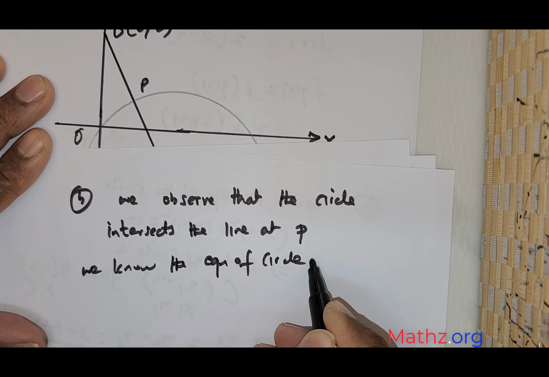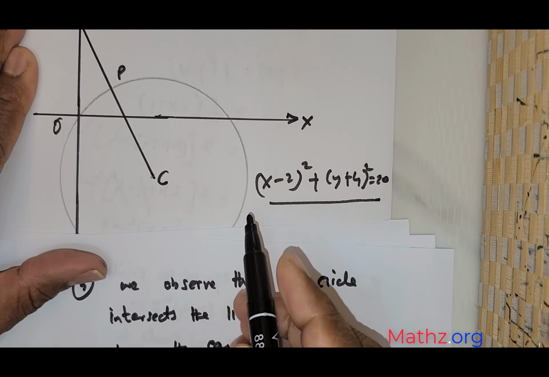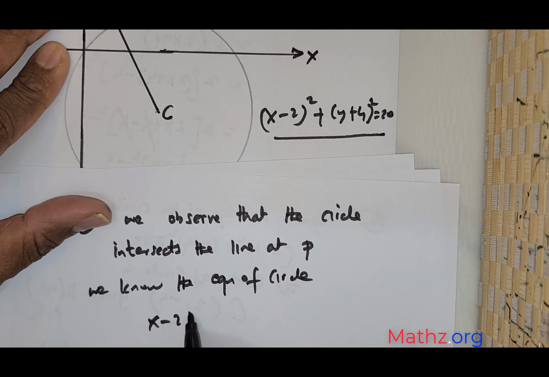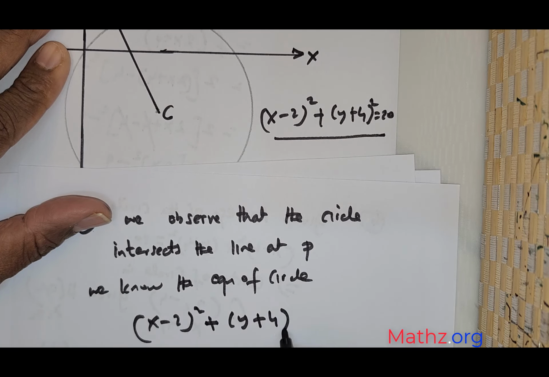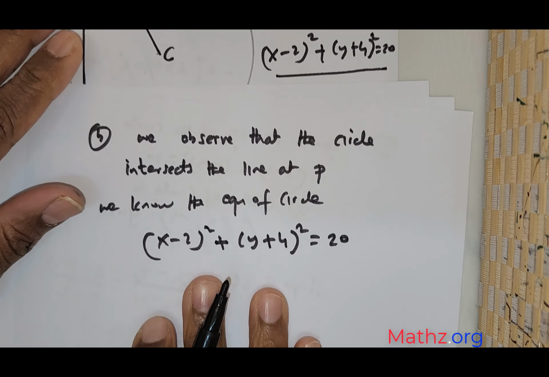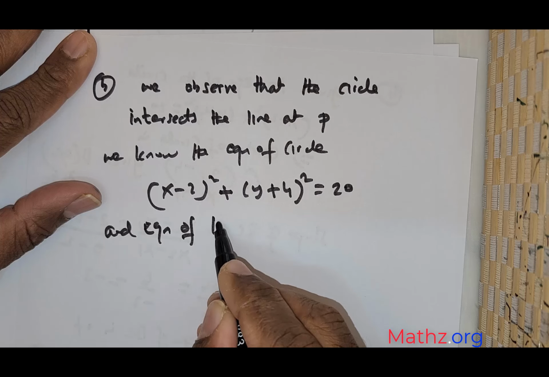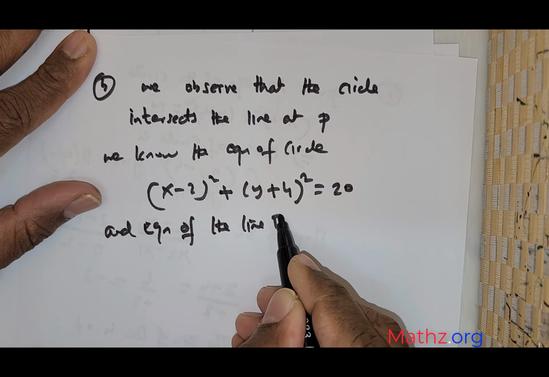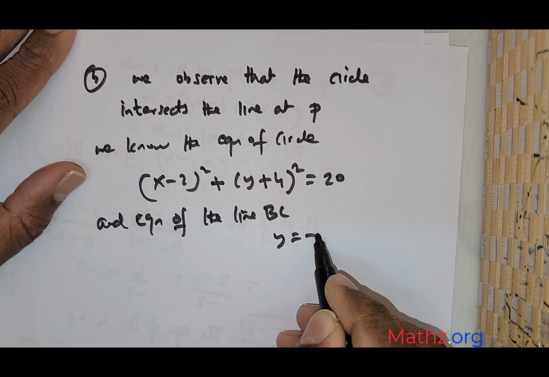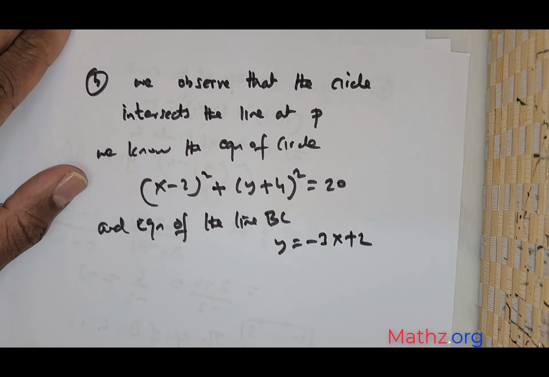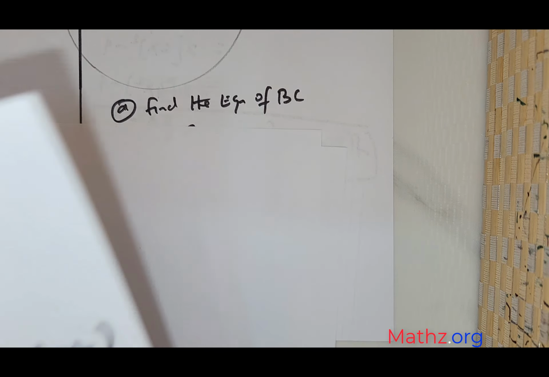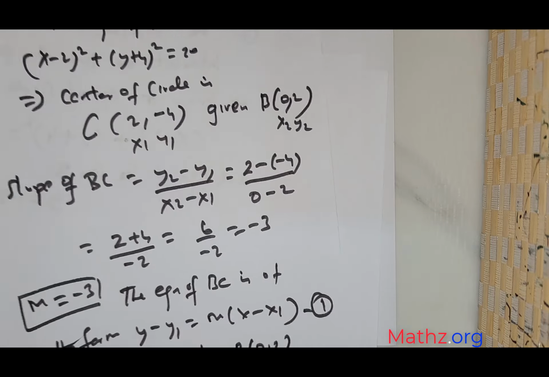So what is the equation of the circle? That is given (x - 2)² + (y + 4)² = 20, and the equation of the line BC. What is it? y = -3x + 2. We have got that.